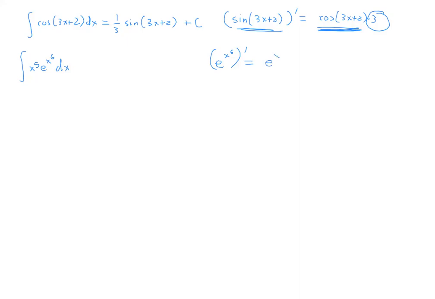The chain rule will imply that the derivative of this is e to the x to the 6th times 6x to the 5th. And you see what we get is what we want with this extra constant 6. So what is the antiderivative? The antiderivative is our initial guess, divided by 6, meaning 1/6 times e to the x to the 6th plus c.